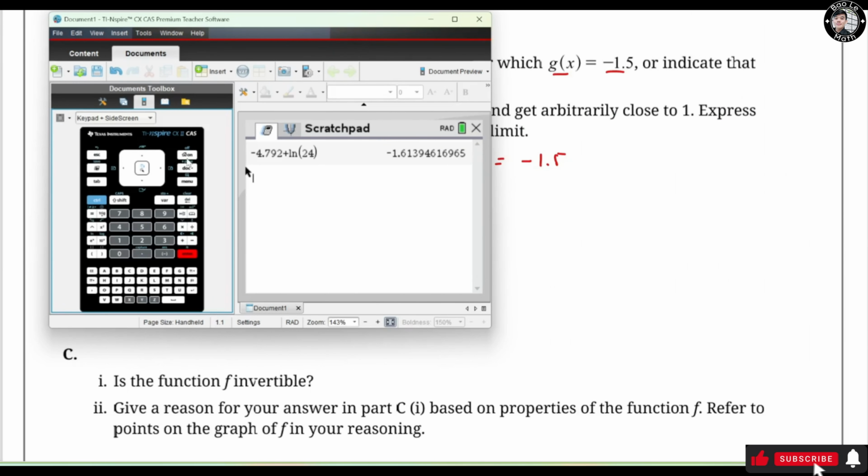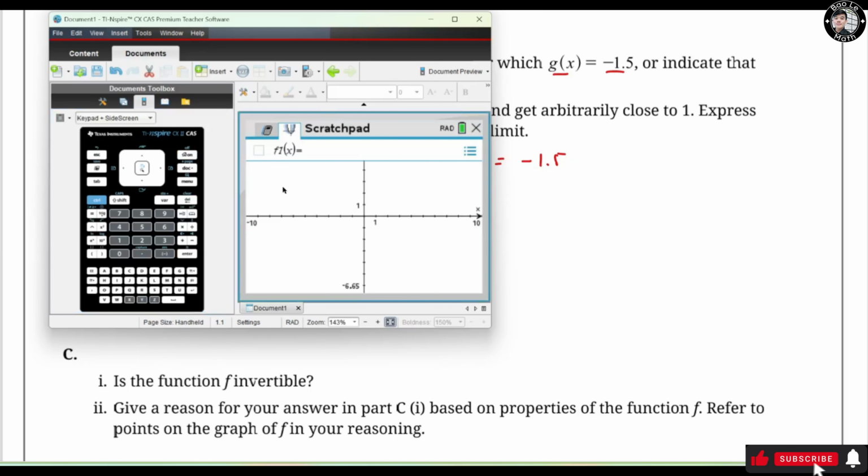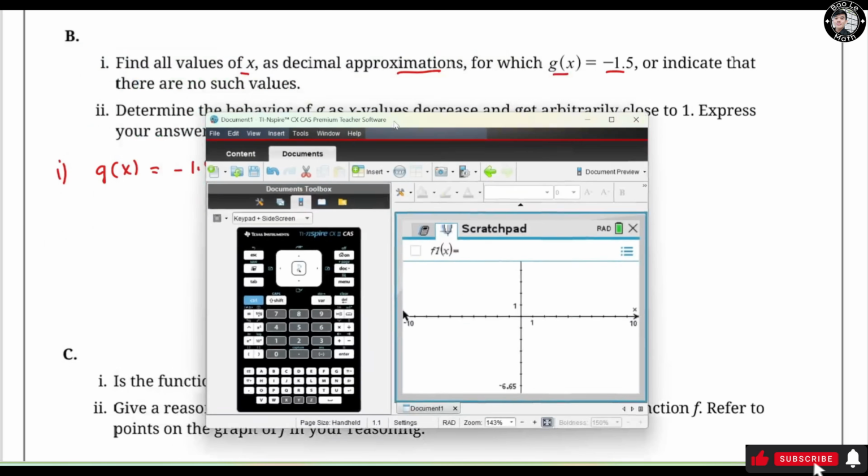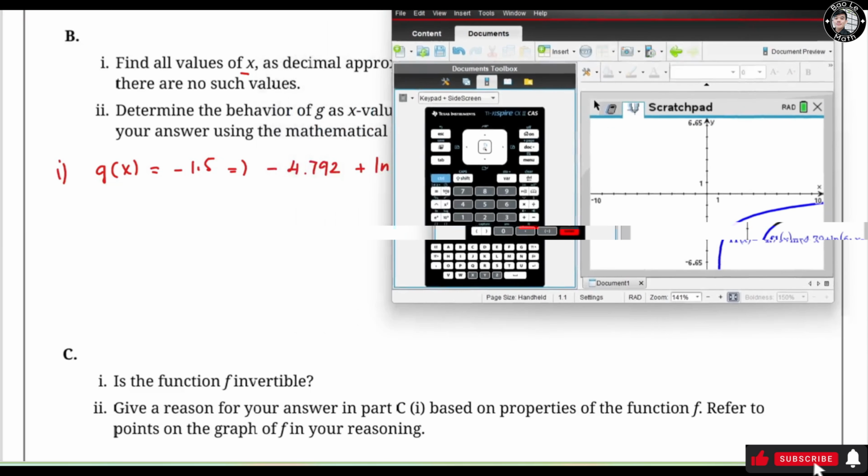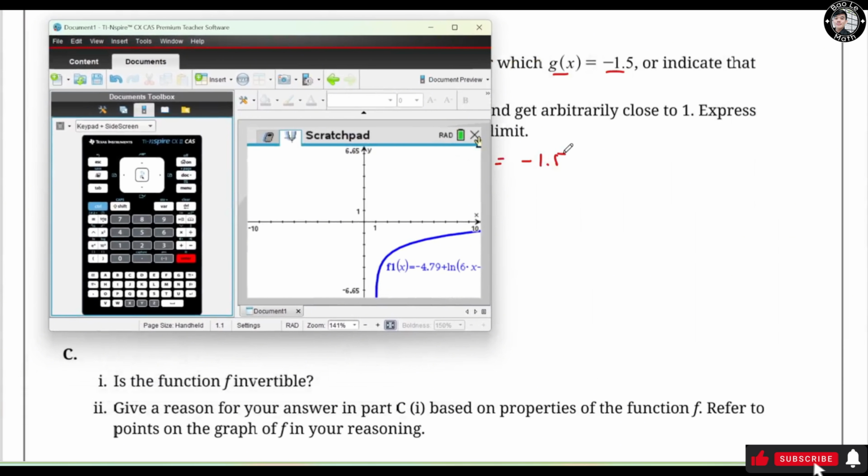So go to the home screen, hit graph right here, input the first function, and then press enter. Now the second function is -1.5. So you're gonna hit tab, input -1.5, press enter.